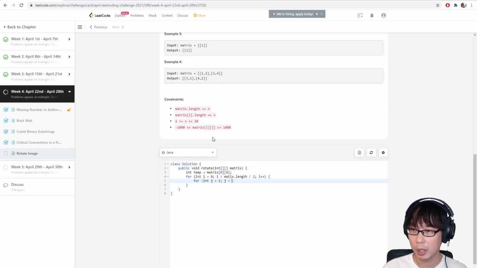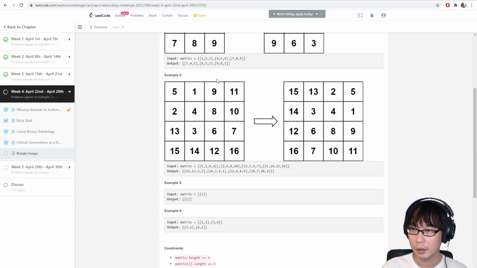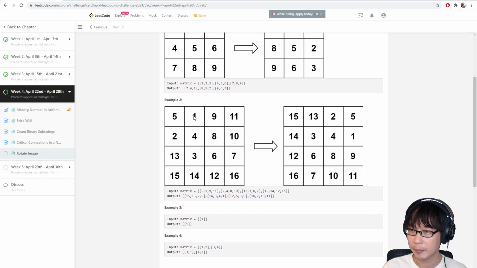The column count will stop at, the first one starts at this, the second one stops at this, right? Okay, let's do the length.